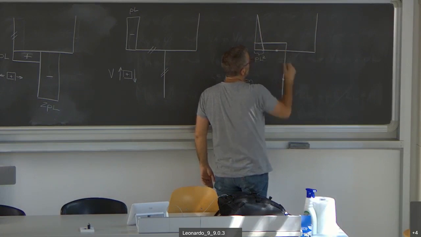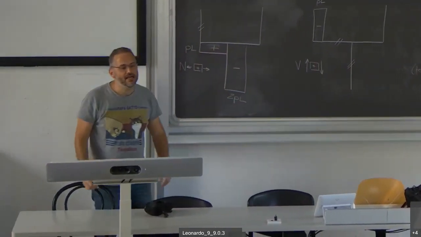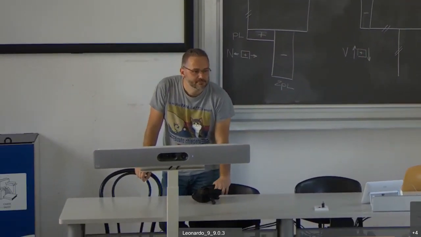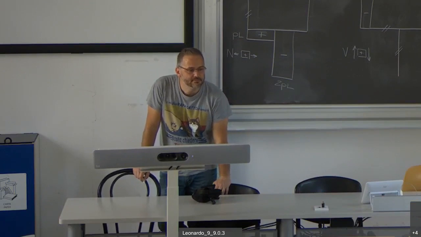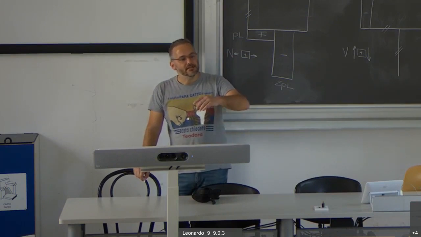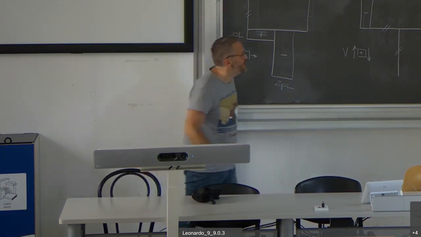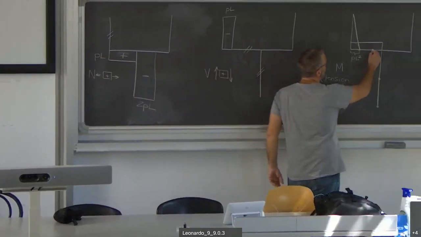What would it look like in the middle? You have a triangle into the middle and then it's 0 along the line. It's not a triangle, because when you have a concentrated moment, it brings in a discontinuity and a jump in the bending moment diagram.